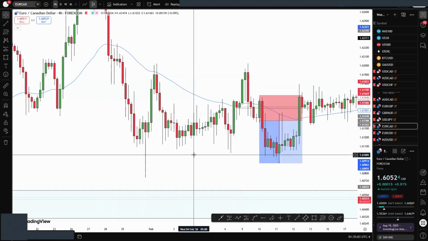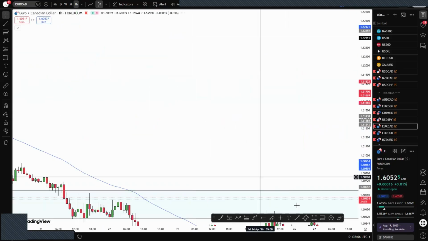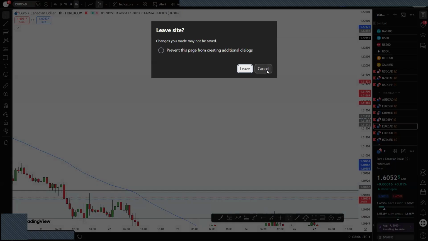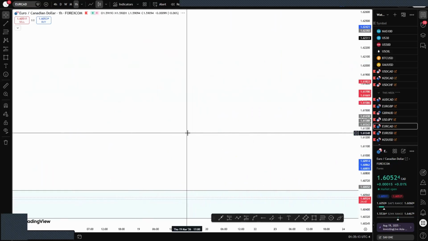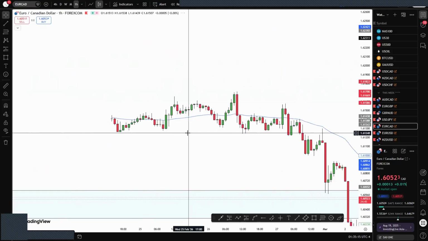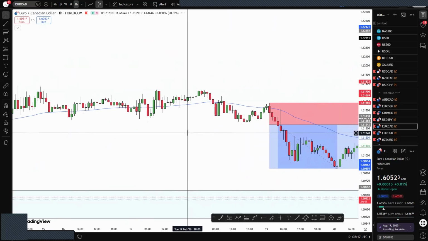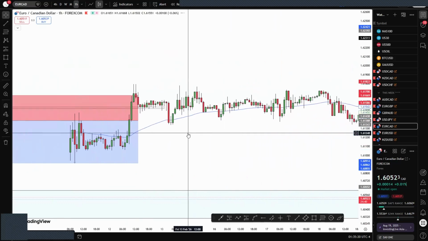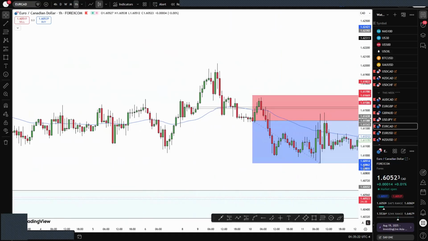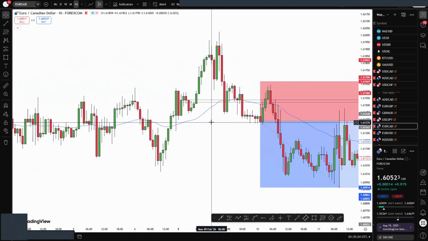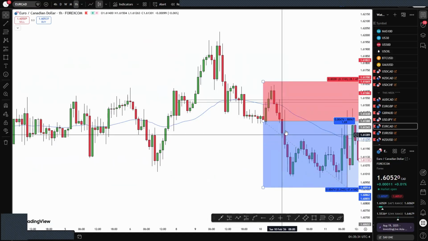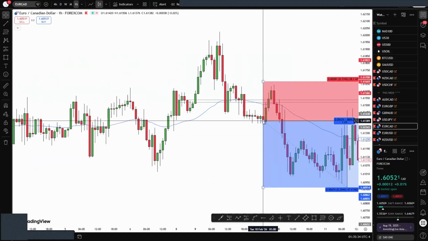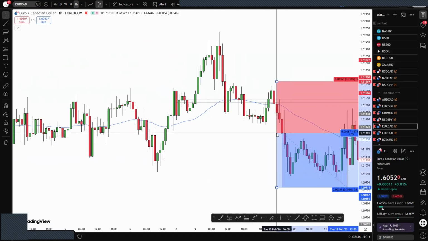Because if I switch to the 1 hour time frame, you'll see what really happened. Yeah, you can see that price is bearish at this level, because I entered based off this pullback and price on the 1 hour time frame closed bearish at this level.